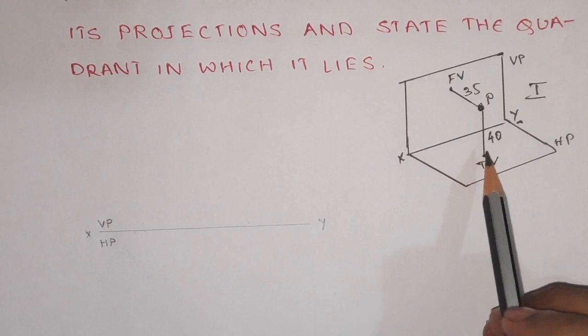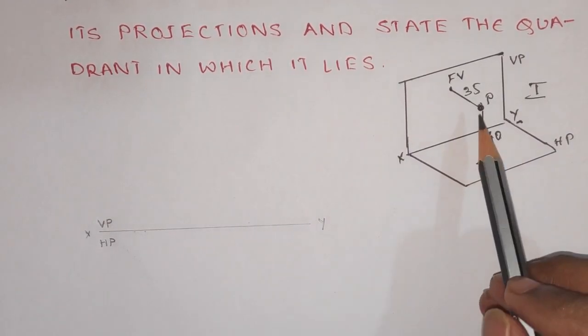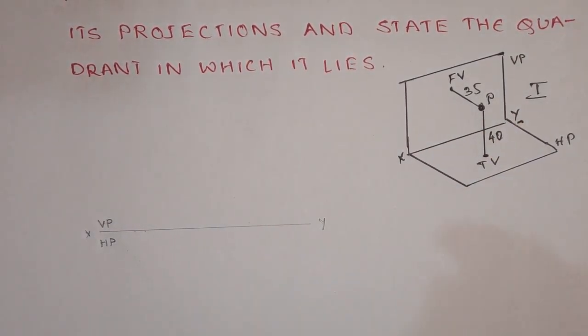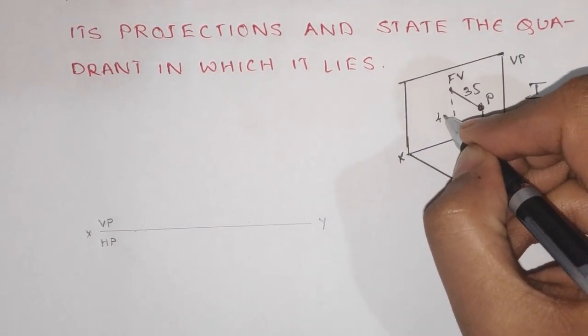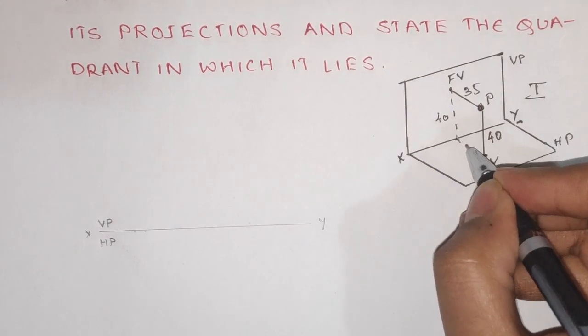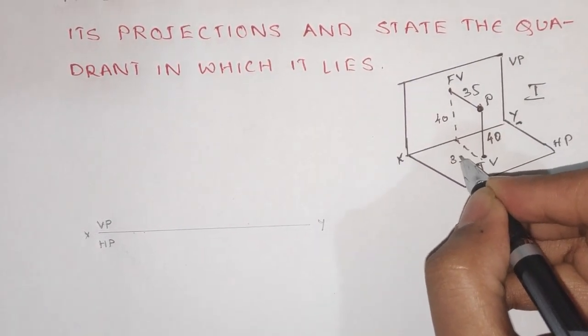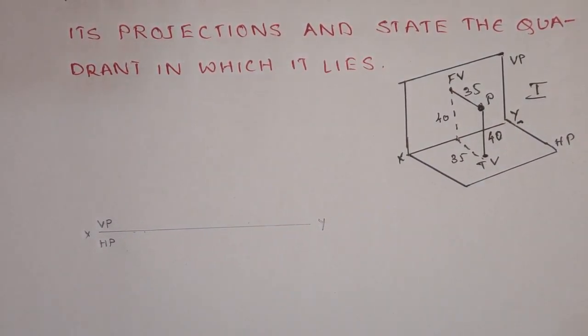From the given data, 40 mm above the XY line will give you the front view of this point. So this is 40, and 35 mm below the XY line will give you the top view of this point. First we need to locate these views.